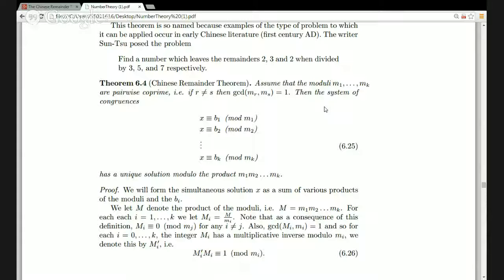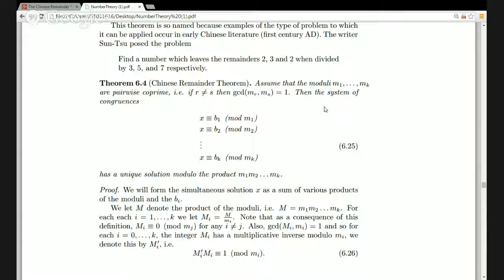So these are our three congruences. This is our M1, M2, M3. These are our B1, B2, B3.